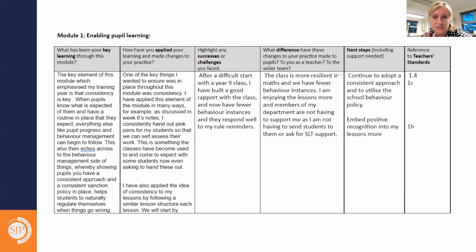So she's put her successes and challenges, and then how they've noticed differences in their practice, but also that knock-on effect that because she's not asking for support from her head of department, that's had implications on the wider team.